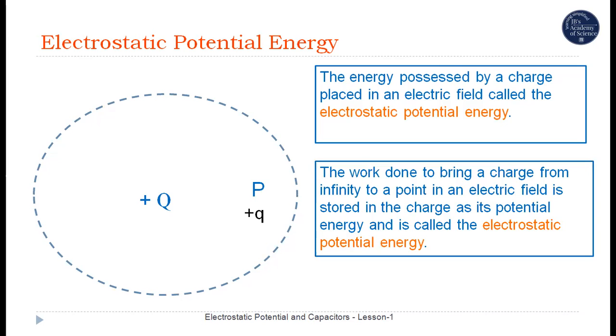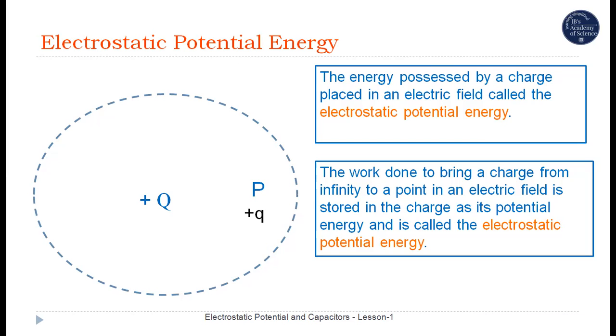It can also be defined as the work done to bring a charge from infinity to a point in an electric field. This work done is stored in the charge as potential energy. This is called electrostatic potential energy.